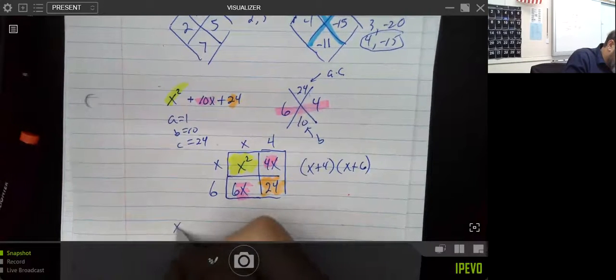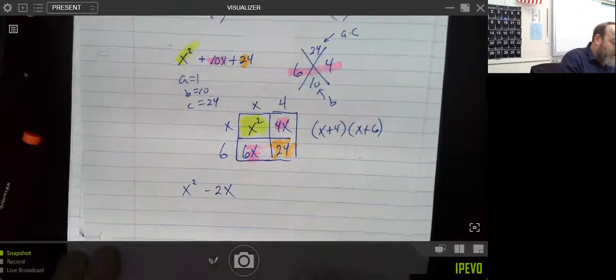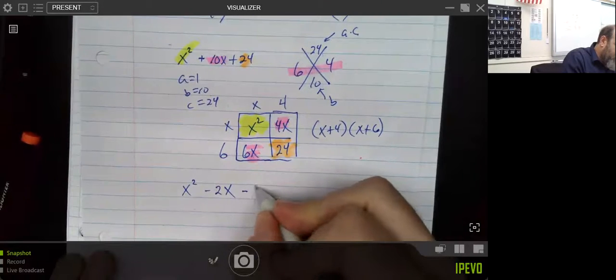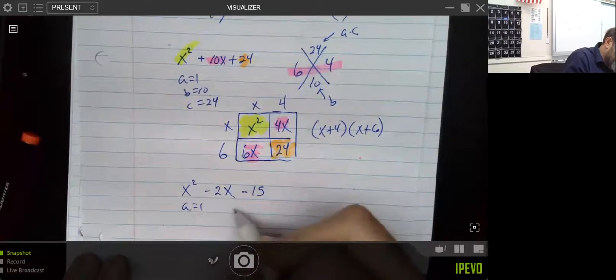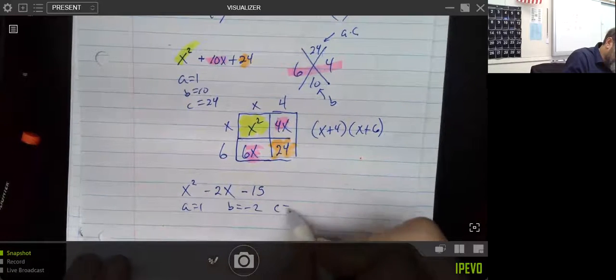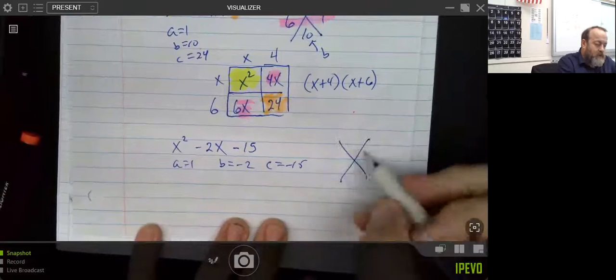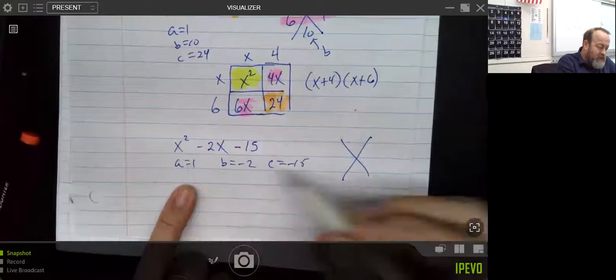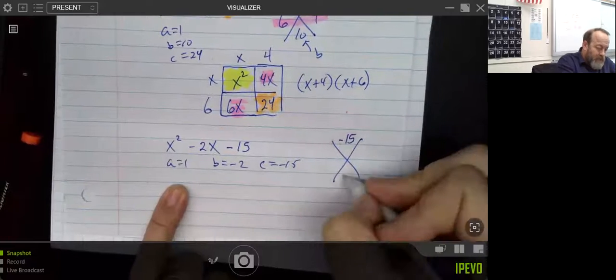So we're going to do one more. So I'm going to do x squared minus 2x minus 15. Now again, understand, a little bit harder. A is 1, B is negative 2, C is negative 15. So in what I told you to do, we're going to write the product of A and C on top. That's negative 15. I'm going to put B on the bottom.